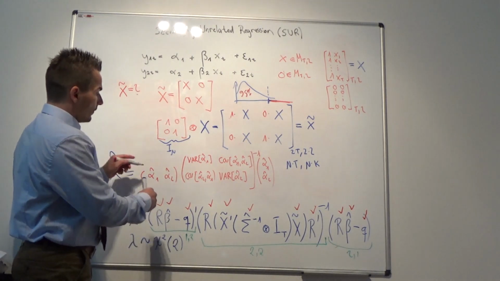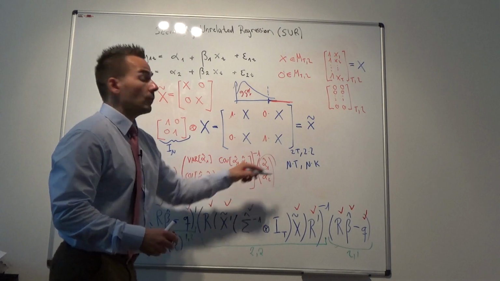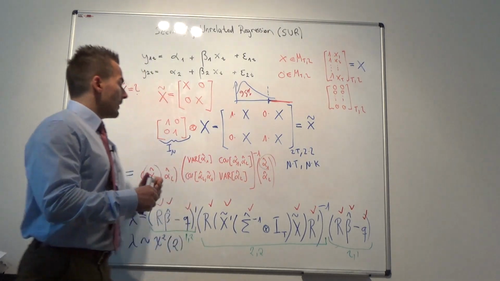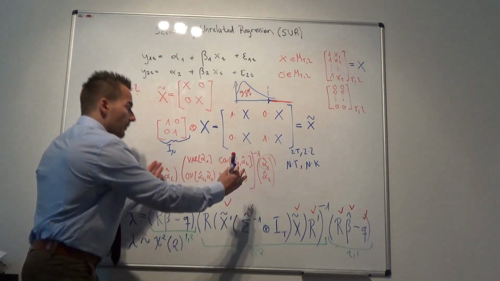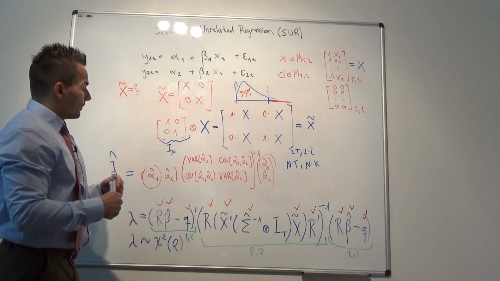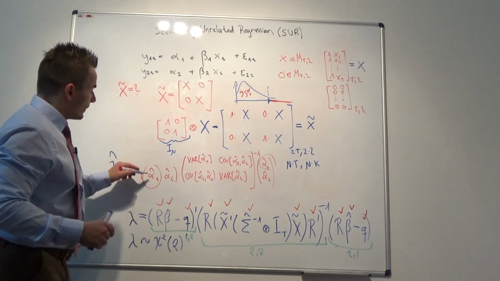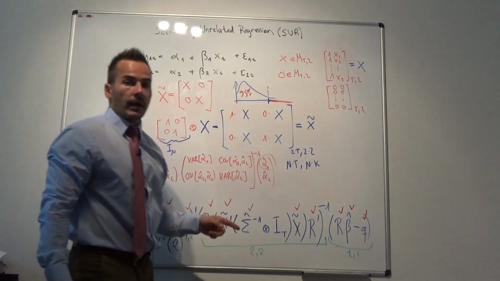The first one is multiplied with itself, it's squared, and the same is true for the second one. So we basically build a scalar product, the sum of alpha 1 hat squared plus alpha 2 hat squared.